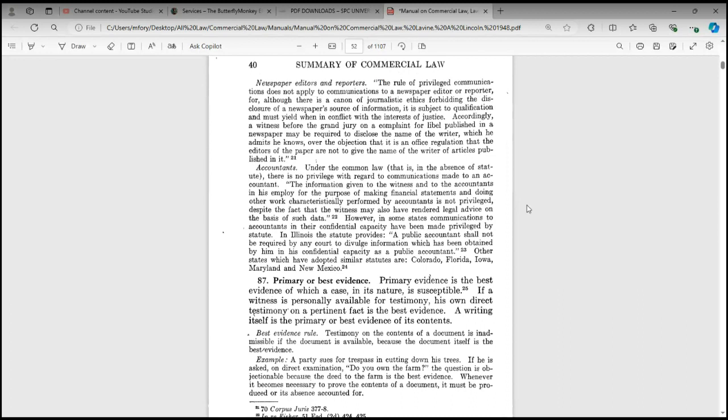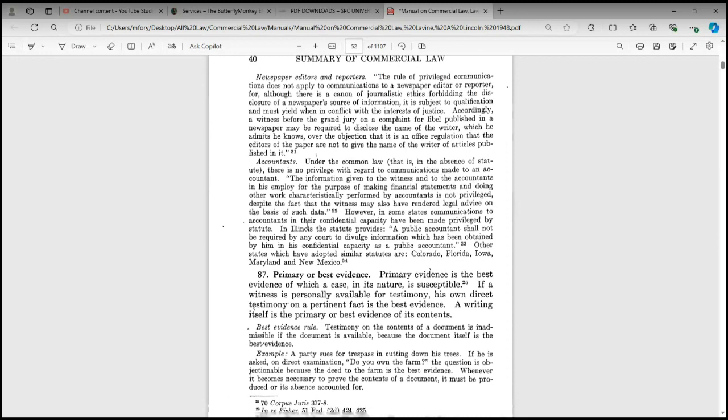Accountants. Under the common law, that is, in the absence of statute, there is no privilege with regard to communications made to an accountant. The information given to the witness and to the accountant in his employ for the purpose of making financial statements and doing other work characteristically performed by accountants is not privileged, despite the fact that the witness may also have rendered legal advice on the basis of such data.